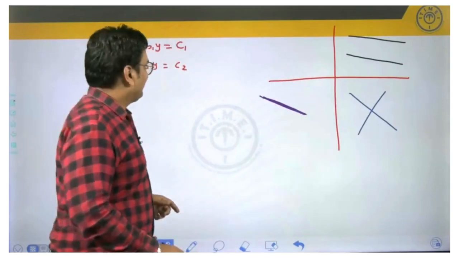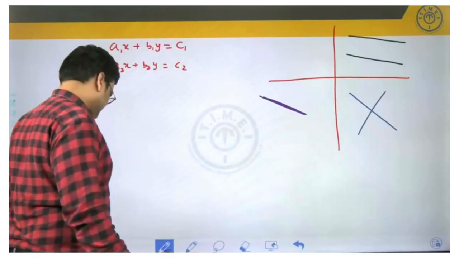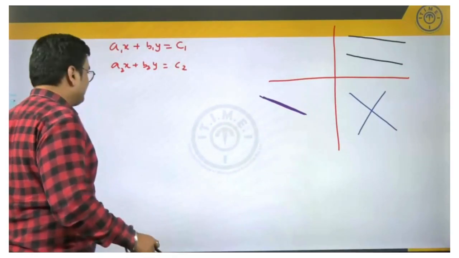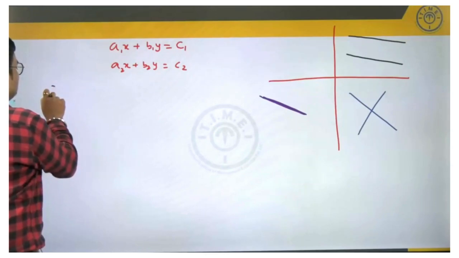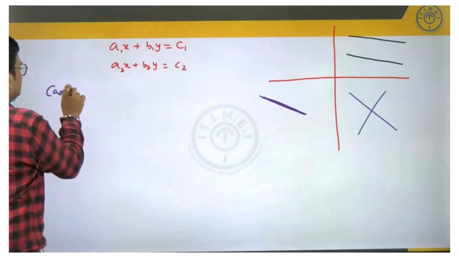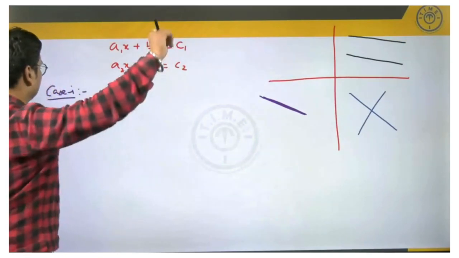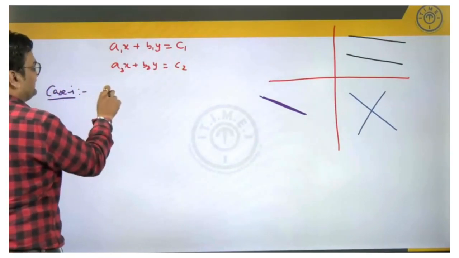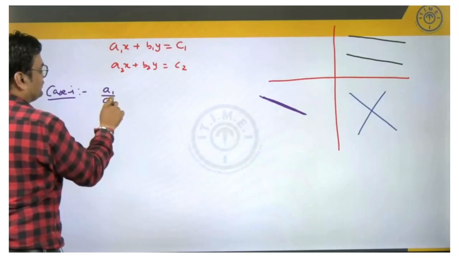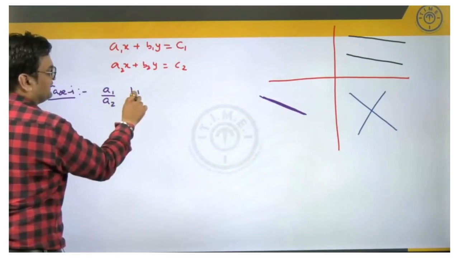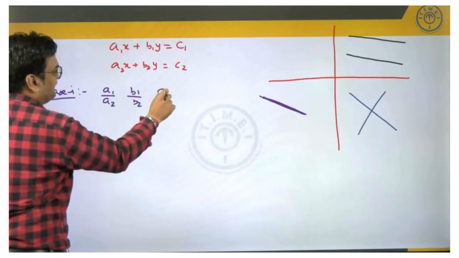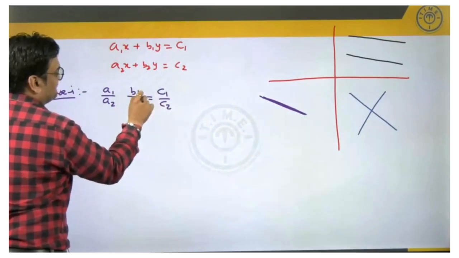Now these three cases correspond to three different cases here also. Case 1, which corresponds to the line drawn in the third quadrant, is the condition when the ratio of x coefficients is the same as the ratio of y coefficients, which is the same as the ratio of the constant terms.